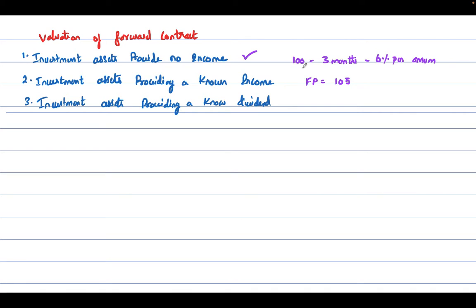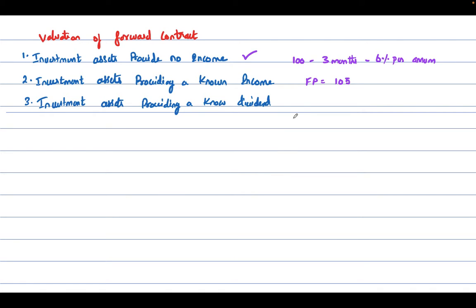So the spot price is 100. By keeping a long forward contract to purchase a share in 3 months, for which the spot price is 100, after 3 months we assume that the forward price is going to be 105.